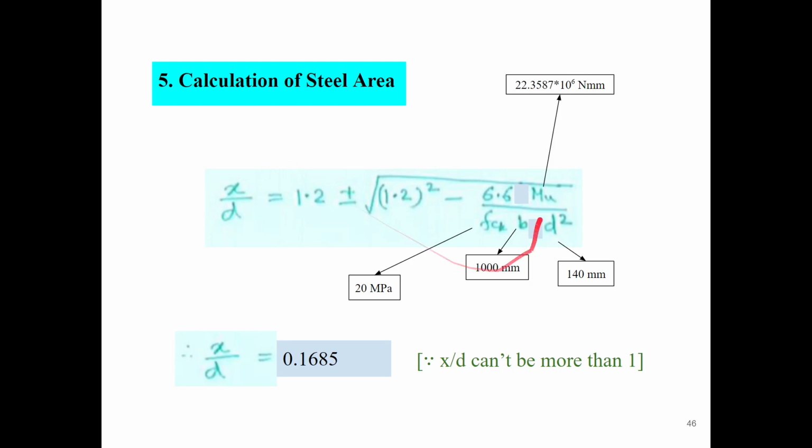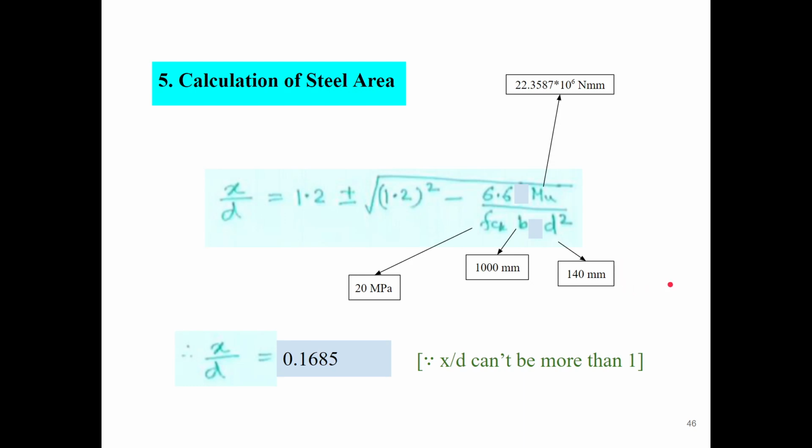Okay, so now let us calculate the area of steel. For that we will use this formula. This comes from the derivation of the moment carrying capacity, from equating the forces, tensile and compression, and finding the moment carrying capacity: 0.36 fck b xu into d minus 0.4 xu, divided by d.